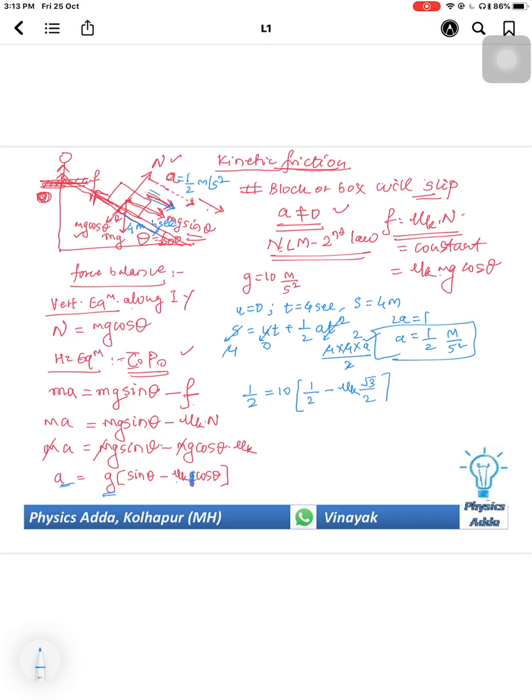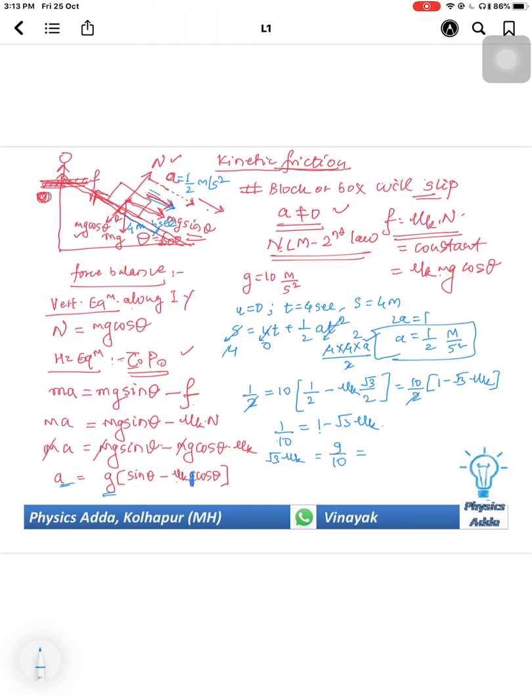So if I am taking 2 outside, I will get 10 into 1 minus root 3 mu k, so this 2 gets cancelled. So 1 by 10 is equal to 1 minus root 3 mu k. So root 3 mu k is equal to 1 minus 1 by 10, which is 9 by 10.